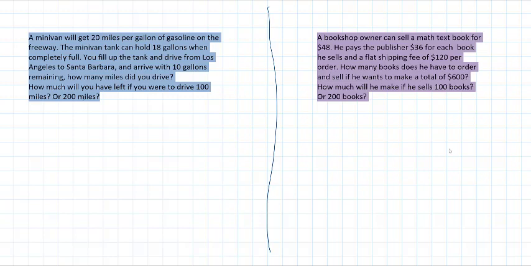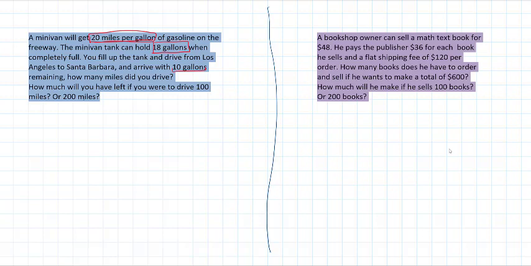Okay, so let's first of all highlight everything we know about this problem. So we know that we can get 20 miles per gallon, okay? We also know that the minivan tank can hold 18 gallons right here. We fill up the tank and we drive, and we arrive with 10 gallons remaining.